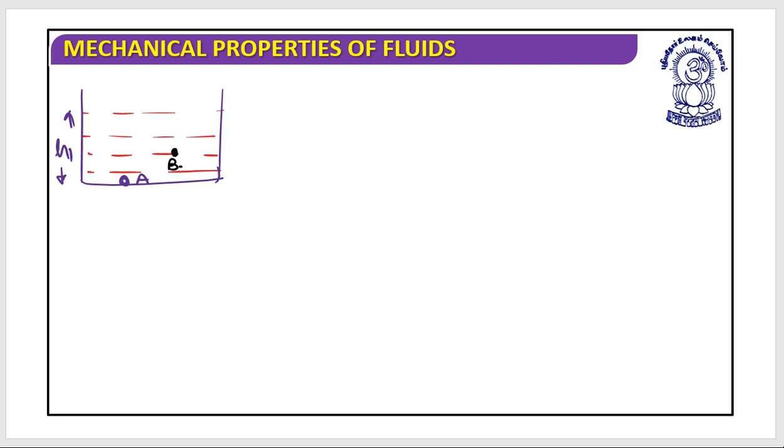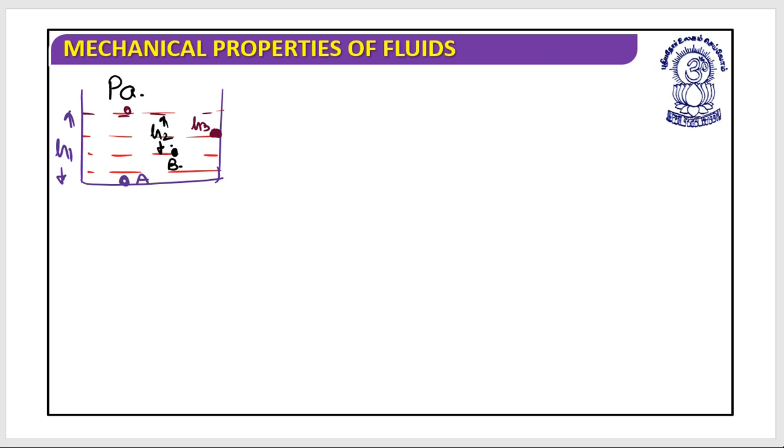This is point B, and let's say this is height h2, and we have one more point over here. This is height h3. As we have understood in the previous classes, the pressure on the top of the surface is the atmospheric pressure.